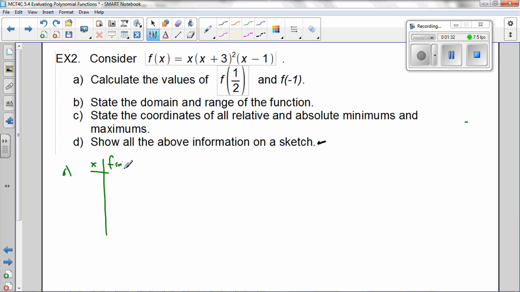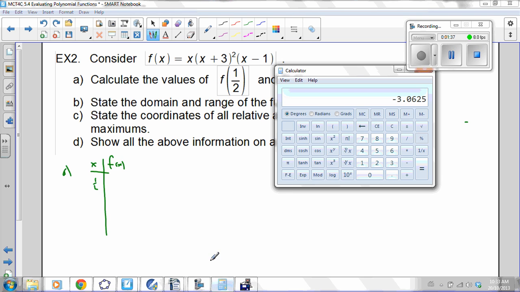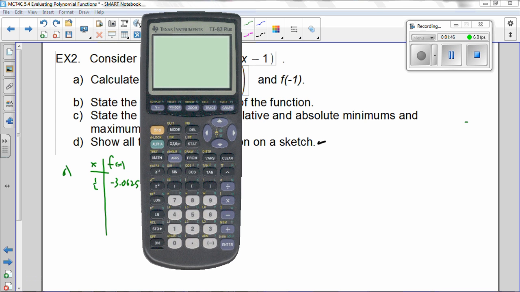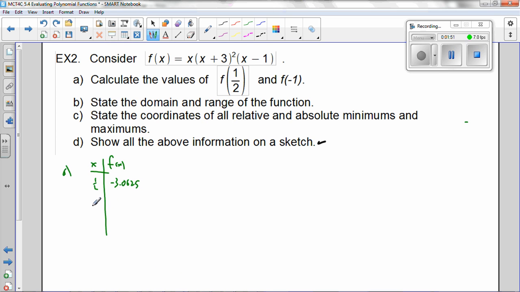So f at x equals a half was negative 3.0625. Dandy. Oops. Where was it? Nope, not there. Calculator. Okay, good. Minus 1.